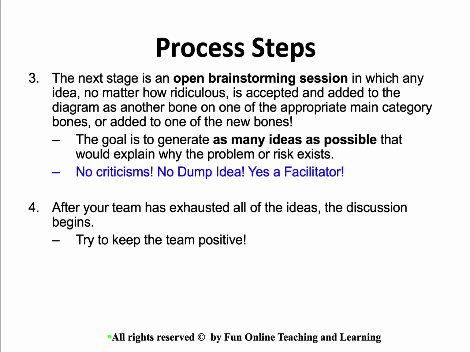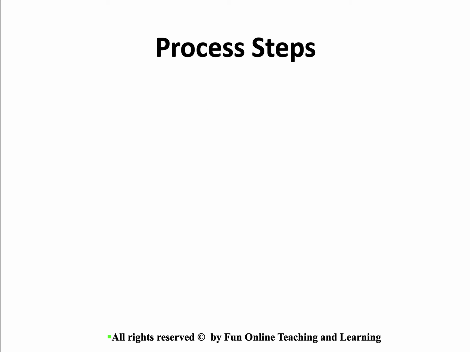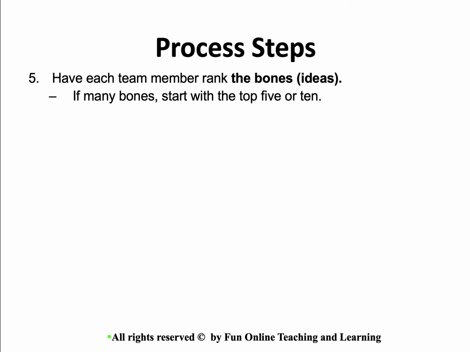Okay, relevance, yeah. So at this moment we want to keep the team positive. That's the moment right after pizza possibly, right? Pizza and drinks, people will be happy and they will contribute more. And then have each team member and participant rank the bones, the ideas, right?